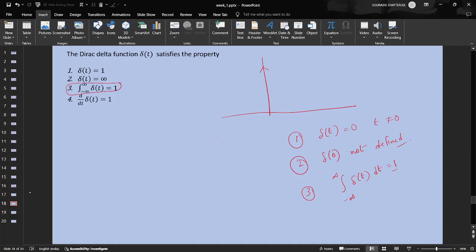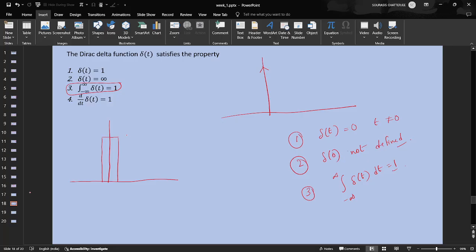But how can you visualize the Dirac delta in terms of other signals? I am sure you have seen this in the course, but I am just reiterating here. Consider a pulse centered at 0.